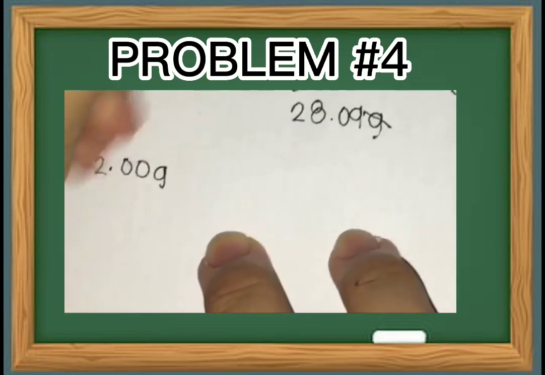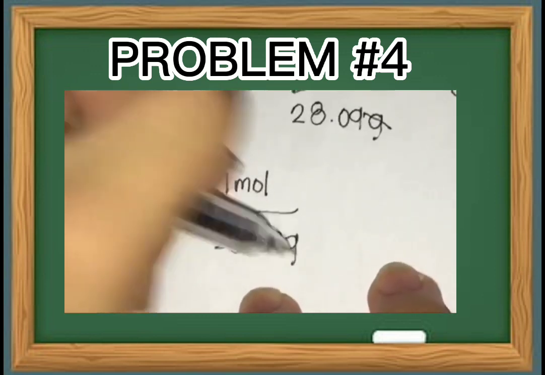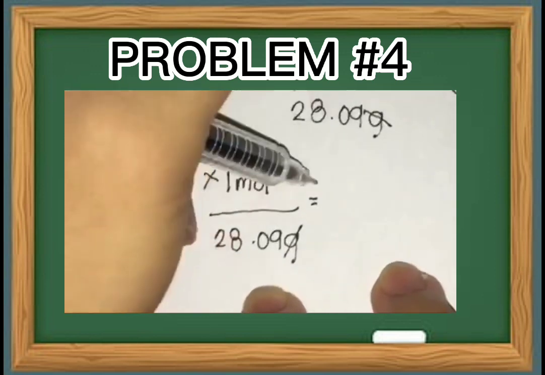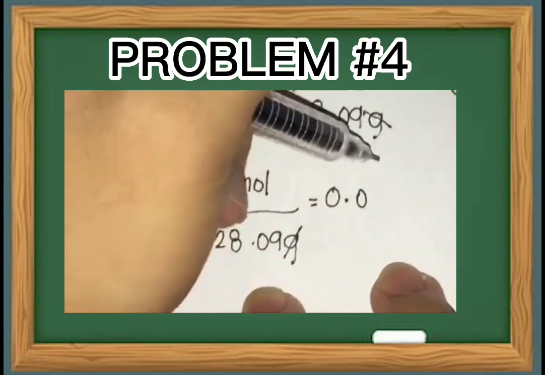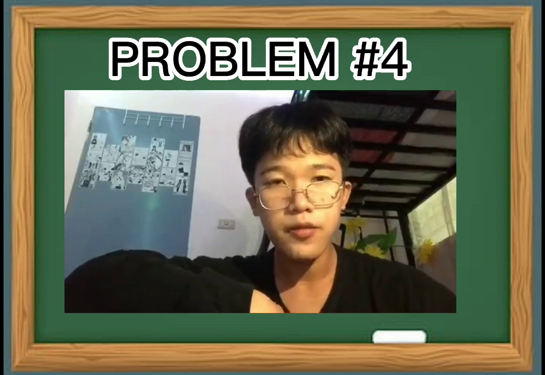We're going to multiply by 1 mole over 28.9 grams, that is the molar mass, and do the cancellation. So, now, let's do the same for the nitrogen.